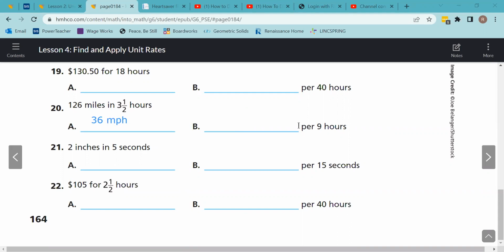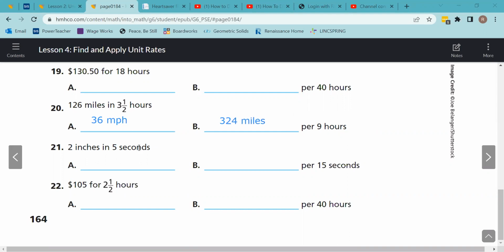So if each hour is 36, you take that 36 times 9. 324. Do a quick check, does it make sense? Especially using a calculator, like, hey, does this make sense? 324 miles in 9 hours.